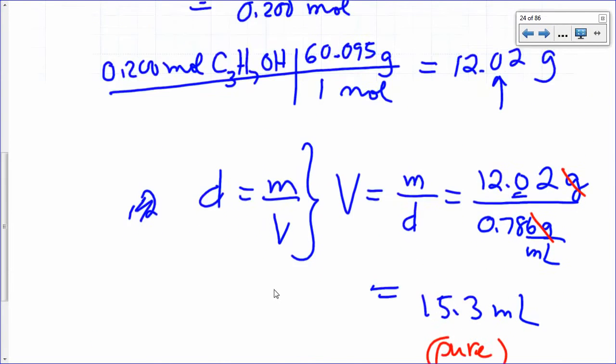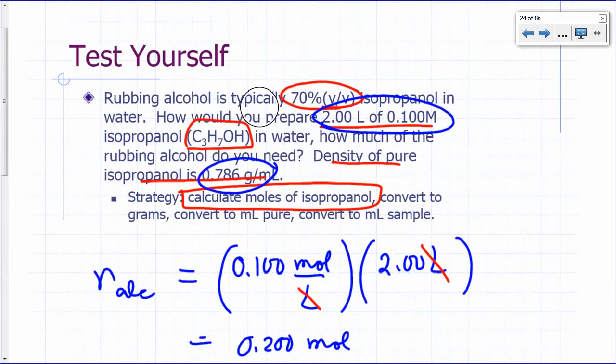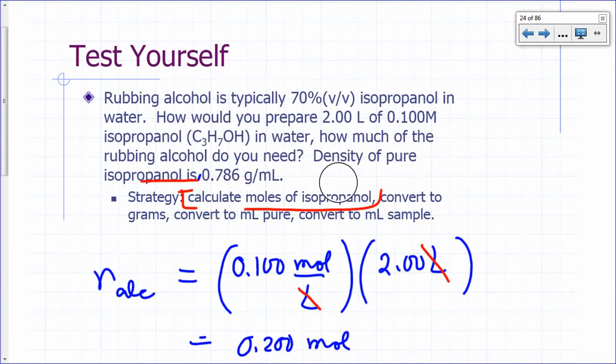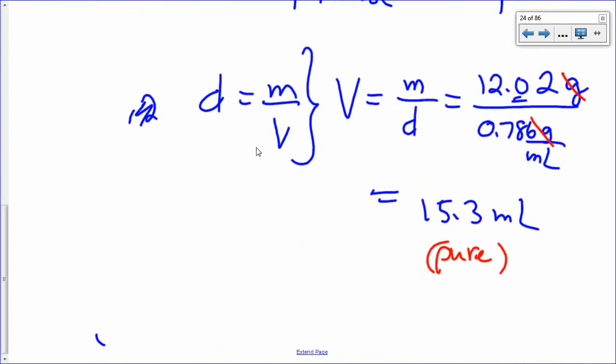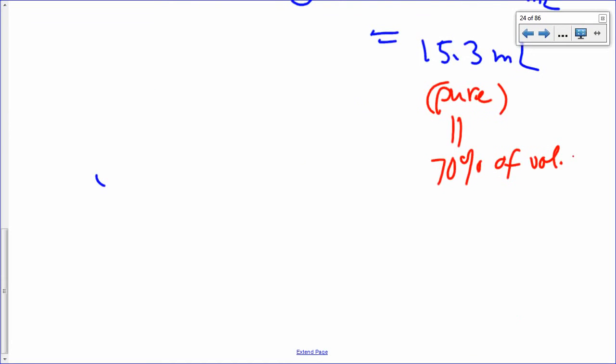But what I have is rubbing alcohol, which is only 70% isopropanol by volume. Let's treat that 70% as exact. So we say this is 70% of the volume of rubbing alcohol needed. Since we don't have pure isopropanol, we have rubbing alcohol, which is only 70%.